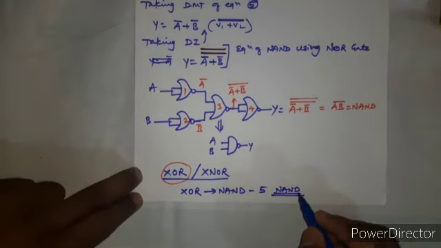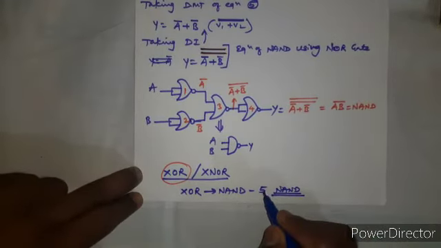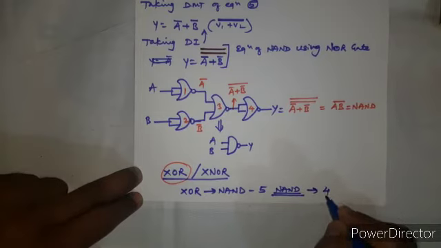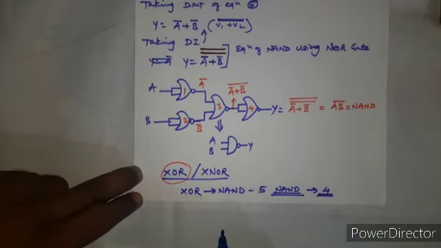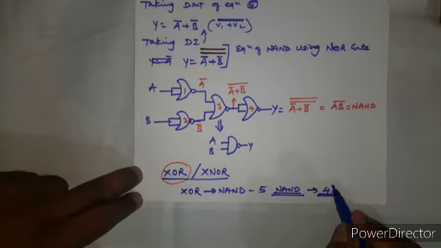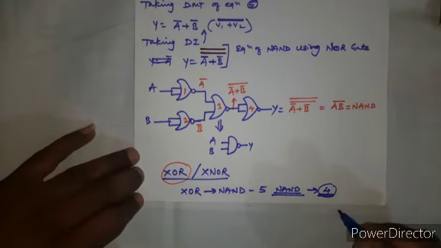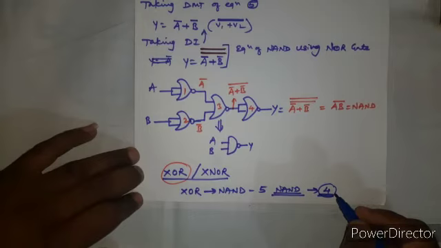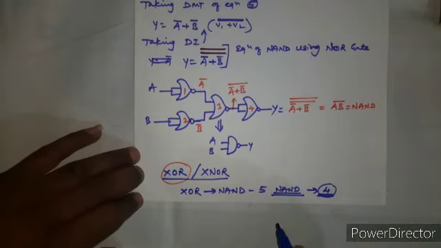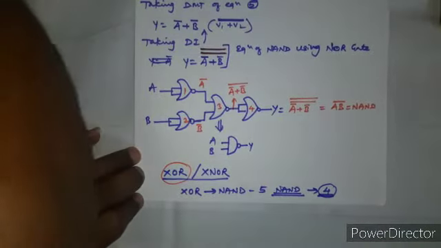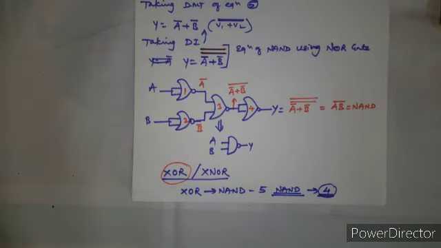But actually it's not 5, minimum 4 NAND gates are required. Now you have to see how it is possible. How can one gate be reduced here? You have to just reshuffle the given circuit diagram, and then you can understand this.